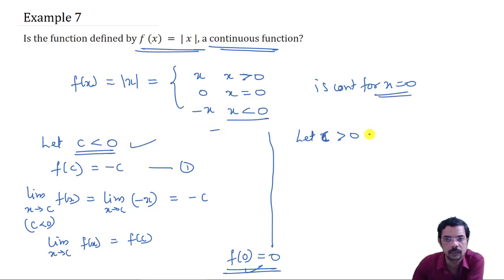Now whether it is continuous at x greater than 0 or not is what we are going to check. So let us see f of c. f of c is equal to c, because at positive points it is defined as the positive value of c.